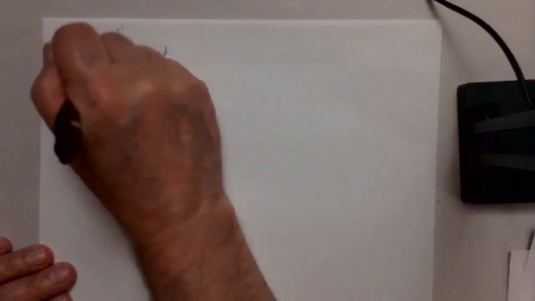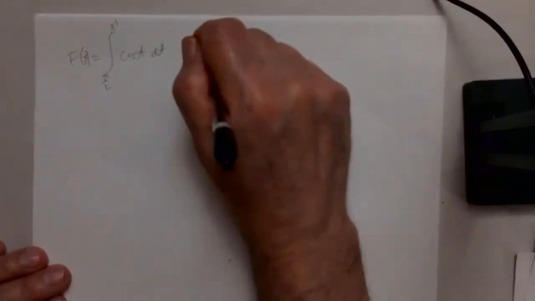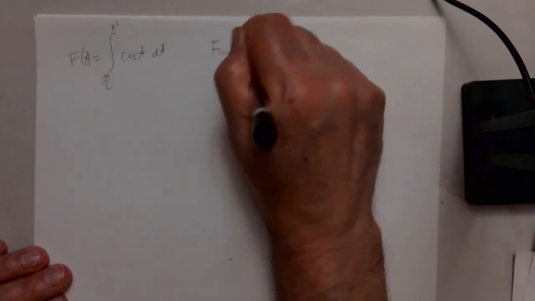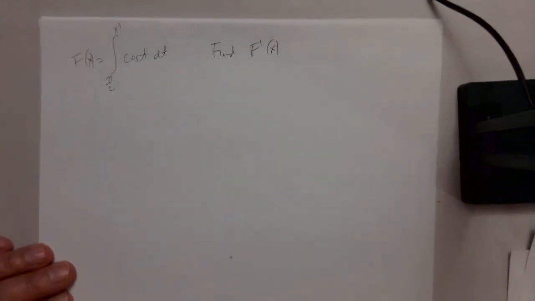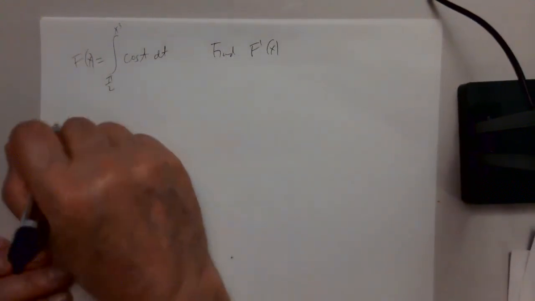And this is what we will call my function F of x. And what we want to do is to find the derivative F prime of x. Now, if we had x instead of x cubed as the upper limit of integration, the derivative would just be cosine x. But we don't have x here, we have x cubed. So we need to look at this as a composite function.